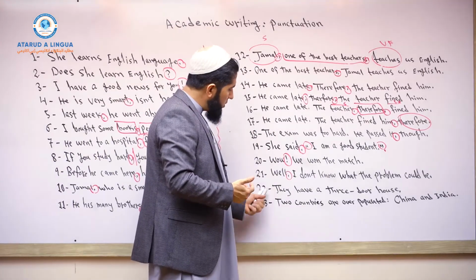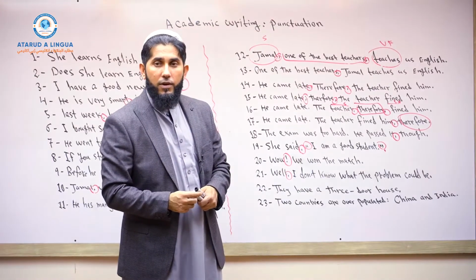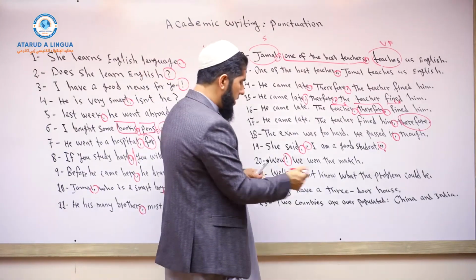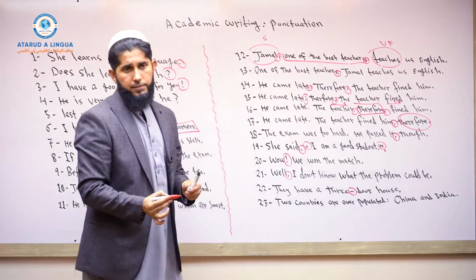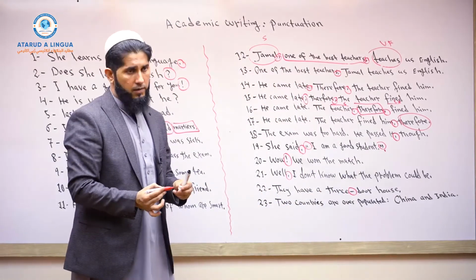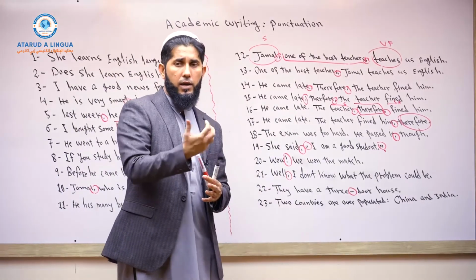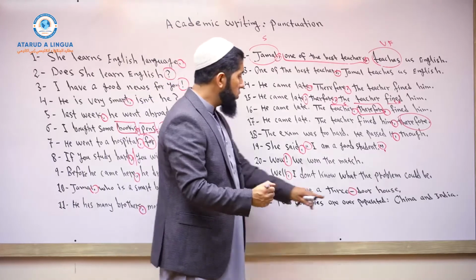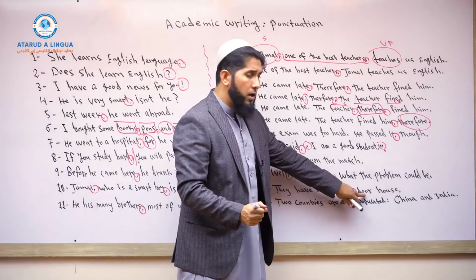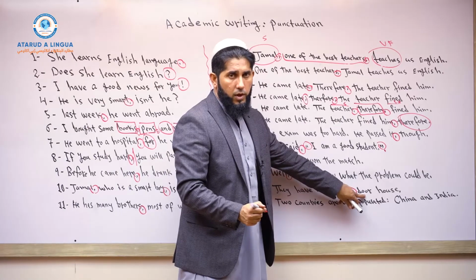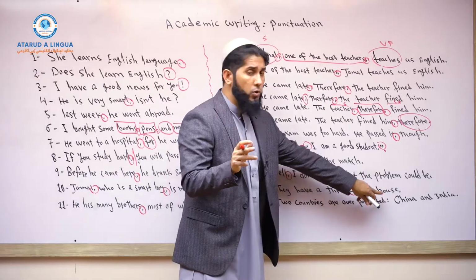And number 22, they have a three-door house. Here we have a punctuation mark, which is called a hyphen. So when we use a compound modifier, we use a hyphen between the number and the first noun. We need to bring two nouns next to each other, like door and house.